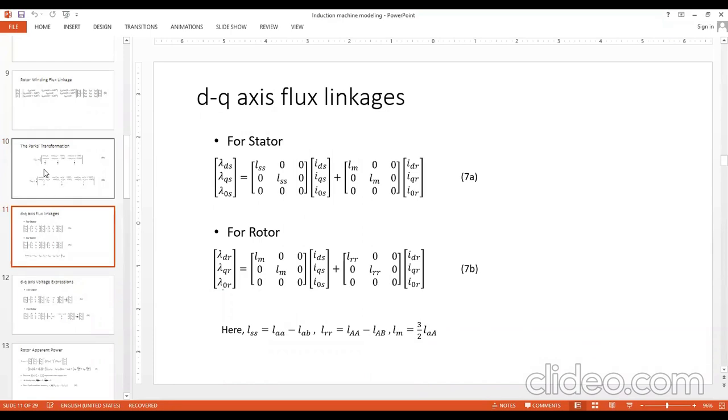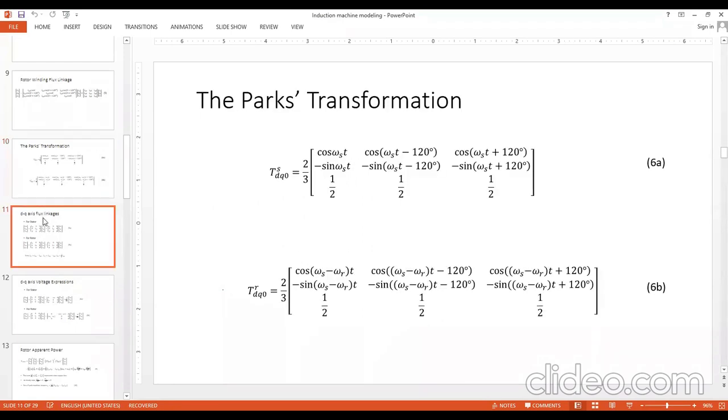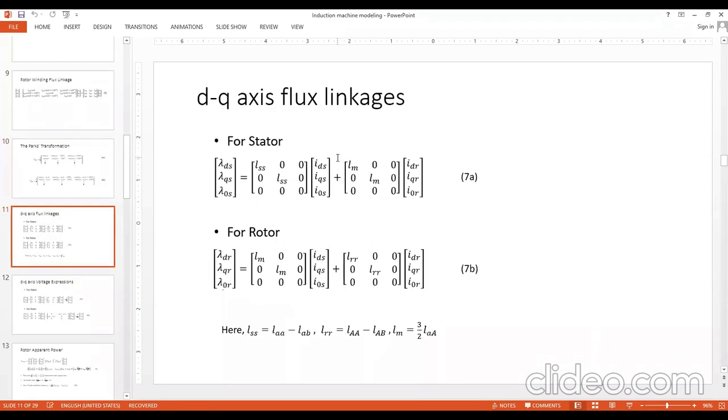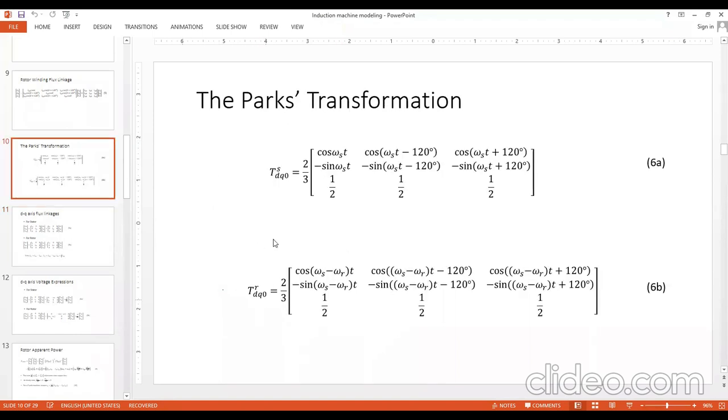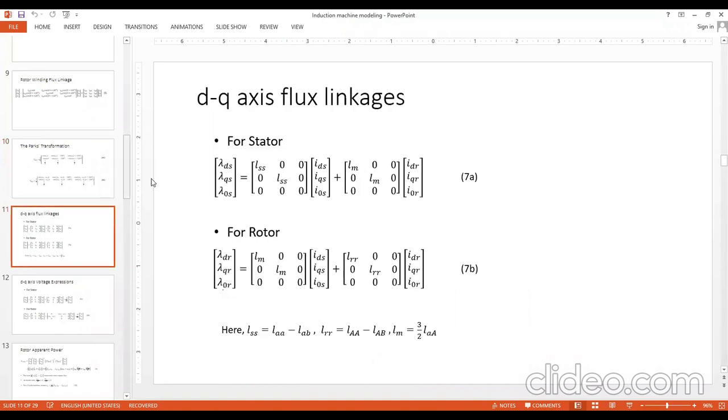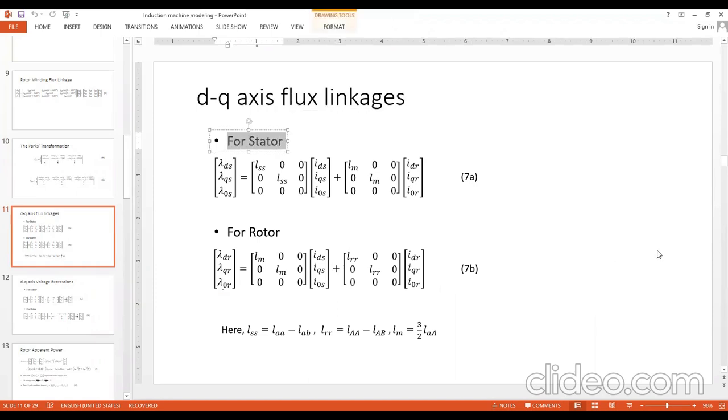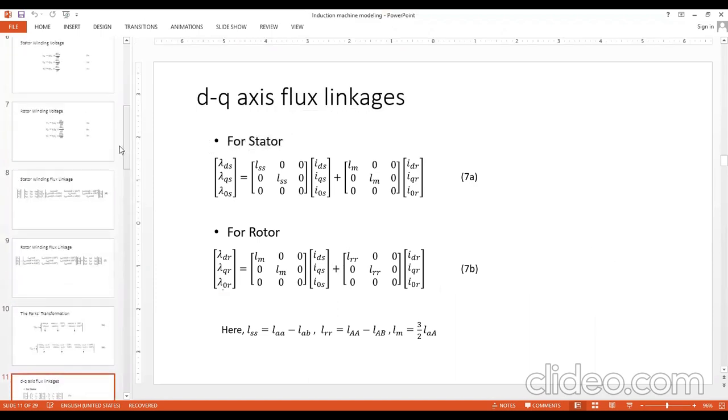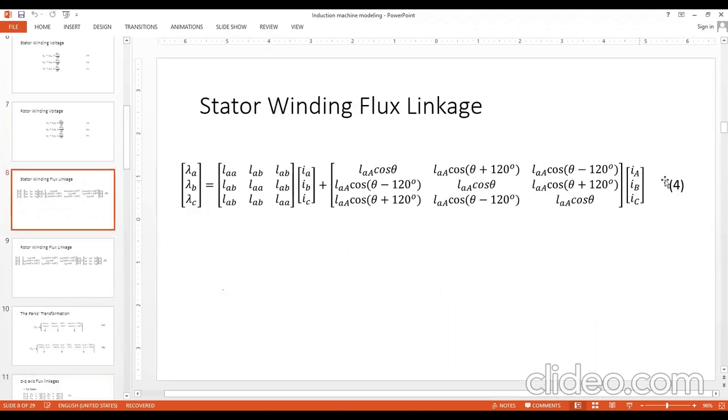So with those two, TDQ0S and TDQ0R, now we can apply these TDQ0 transformation matrices and their inverses to the corresponding equations in the DQ axis flux linkage expression. We had the ABC flux linkage for the stator, present in equation 4. This is lambda ABC.